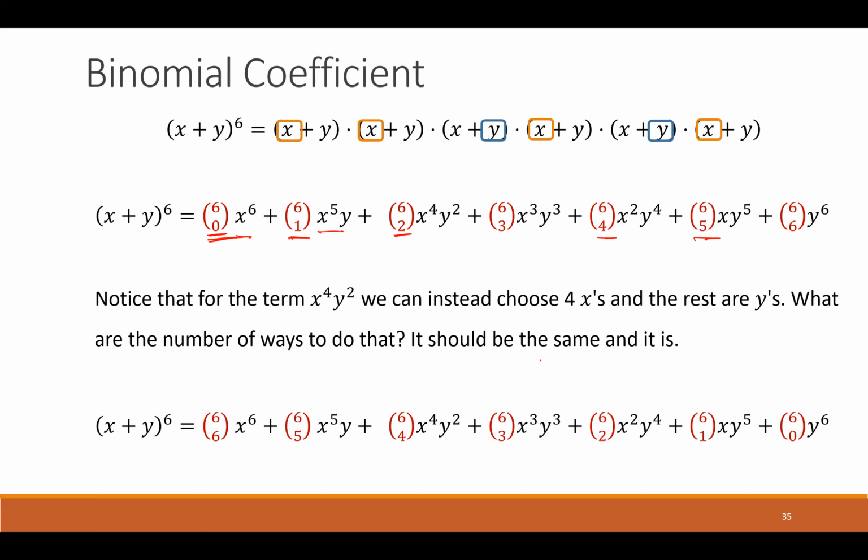And it's the same thing if I chose the x's instead of the y's. If you recall, 6 choose 6 and 6 choose 0 are the same because they're complementary. If I choose a subset of size 6, then I leave a subset of size 0. 6 choose 5 and 6 choose 1 are also complementary. So that's a nice, easy way to expand a polynomial and find the coefficients.